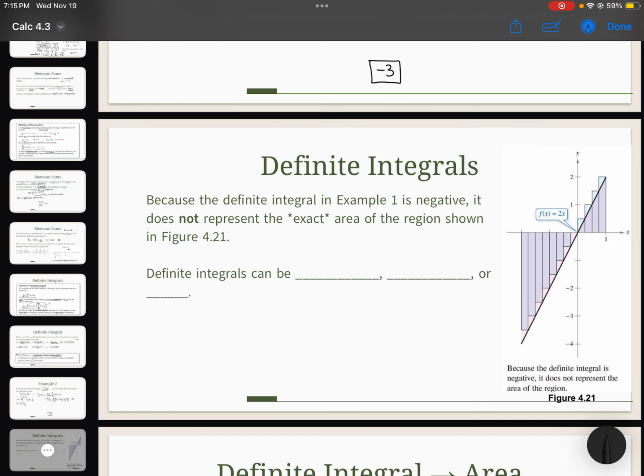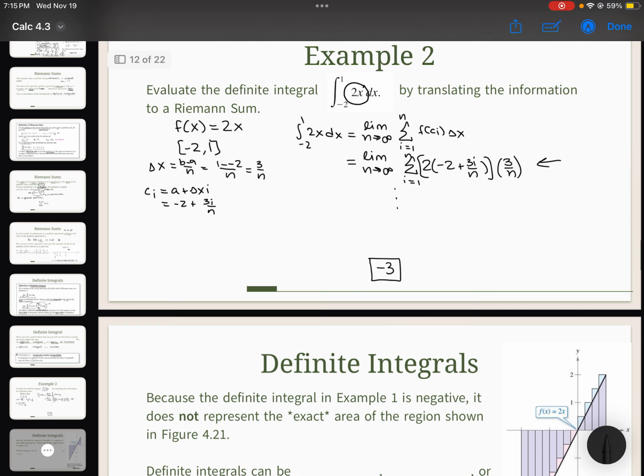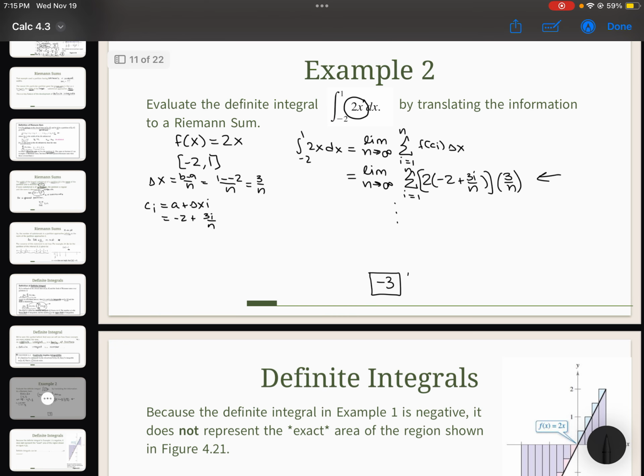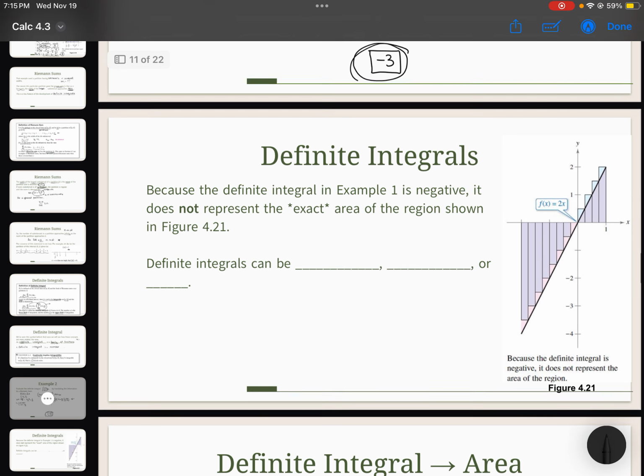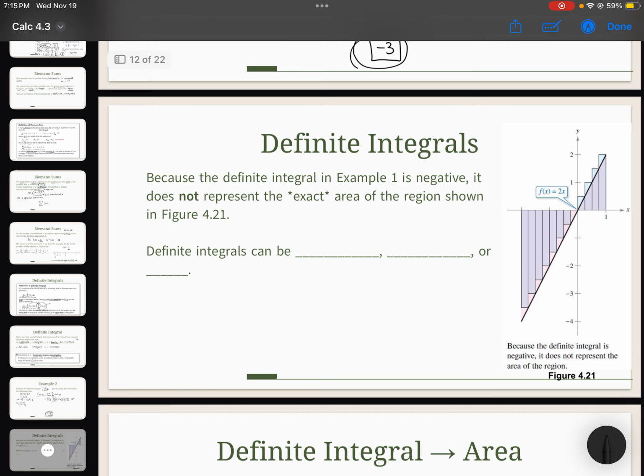Because the definite integral in example 1 is negative, it does not represent the exact area. Okay, so we didn't work this whole one out, but I told you guys, hey, you're getting a negative answer. A negative area doesn't make tons of sense, but this is what the graph would look like. So you can see I have area under the curve here, but then I have area kind of above the curve over here, all right?